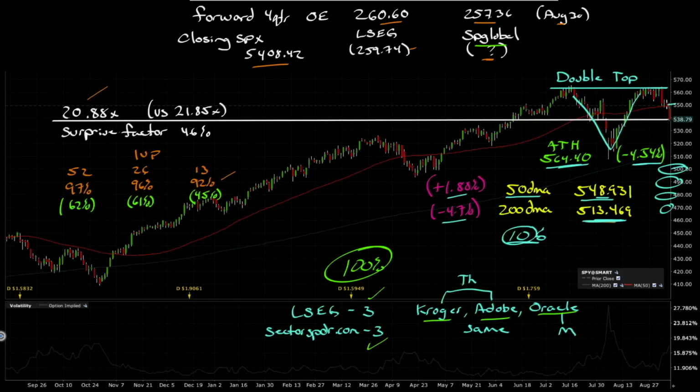Now, before we leave here, let's talk about one of the other things going on, which is in the semiconductor space. We're seeing NVIDIA sort of drop down, and on Friday, you saw Broadcom take a big hit.